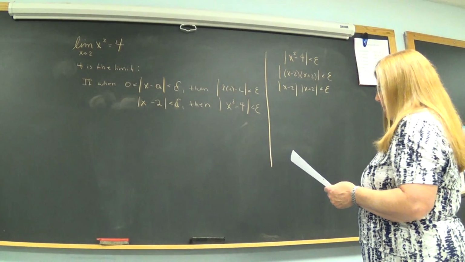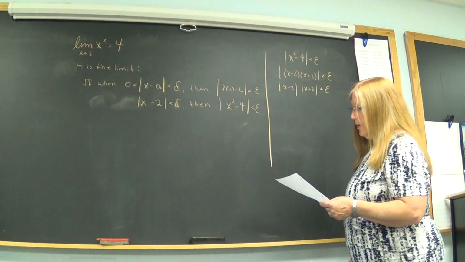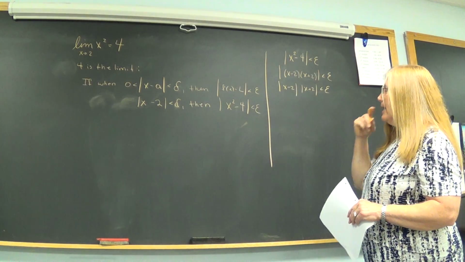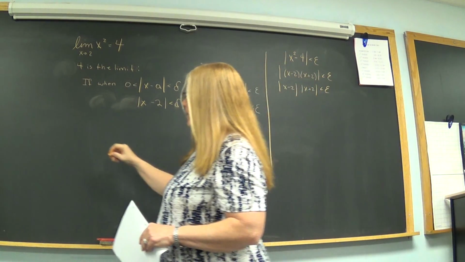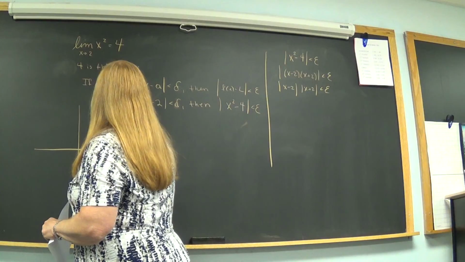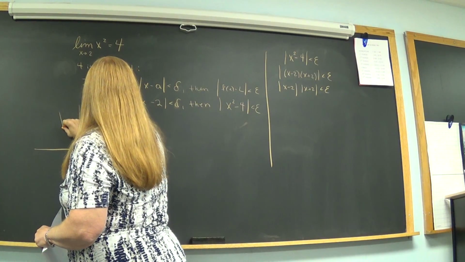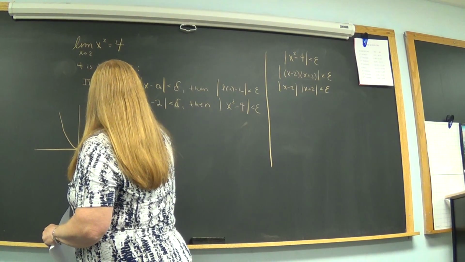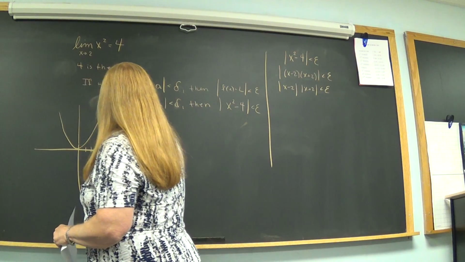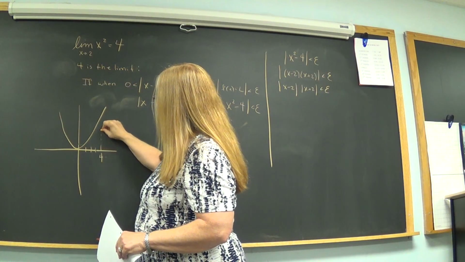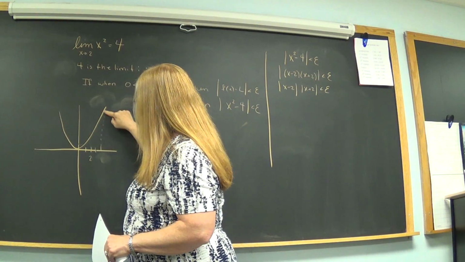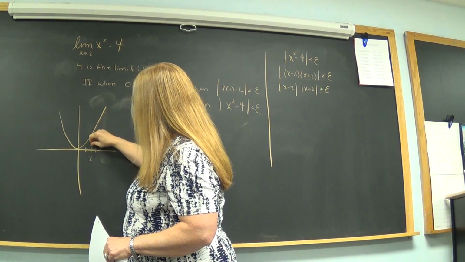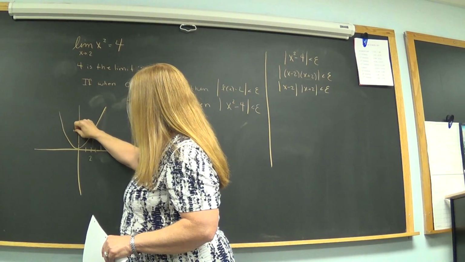So note, if we have a delta that works, any delta smaller than the delta we come up with will also work. Does that make sense? So here we have an expression. We're approaching 2, and we're expecting the answer to be 4.